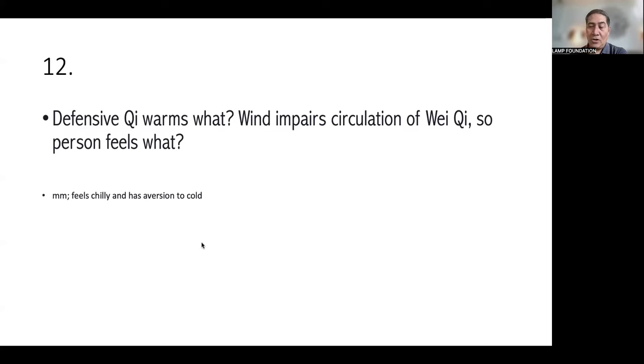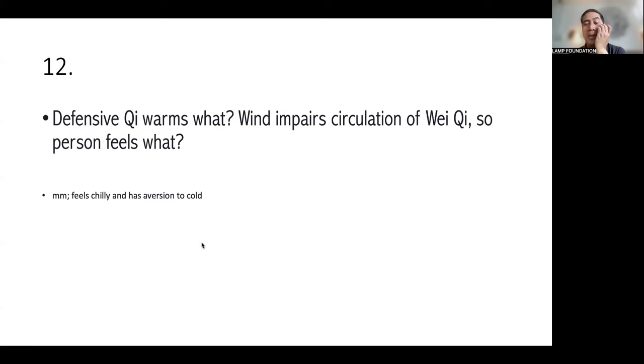If the defensive Qi is impaired by the external wind, the patient will feel cold because the defensive Qi can no longer warm the muscles.